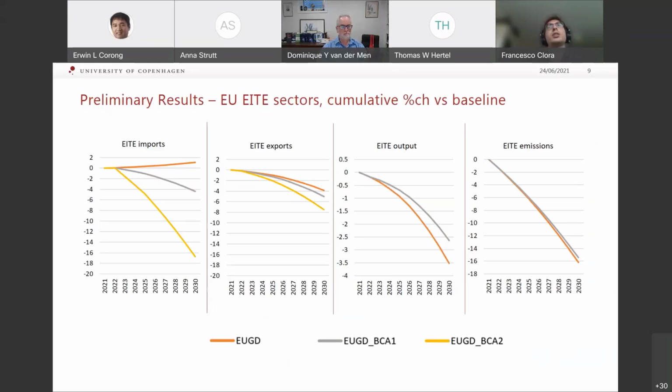The aggressive border carbon adjustment in our simulation keeps the IT output virtually unchanged compared to the baseline, and emissions are now reduced by 14% in the EU, with increased emission reduction in electricity generation to achieve the overall EU goal, which is fixed by assumption. The IT sector's leakage rate is now reduced to 10%.